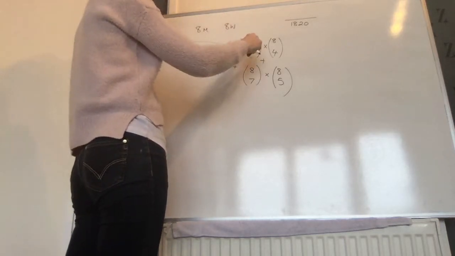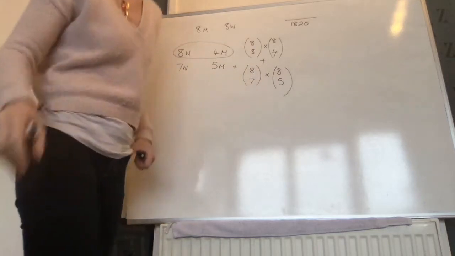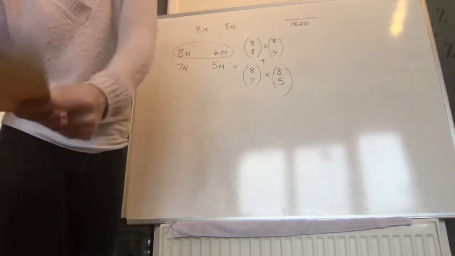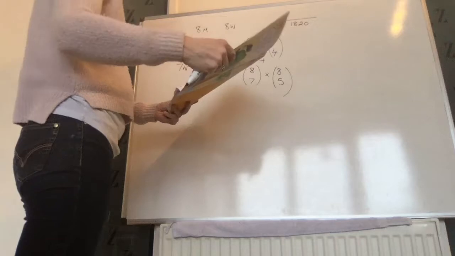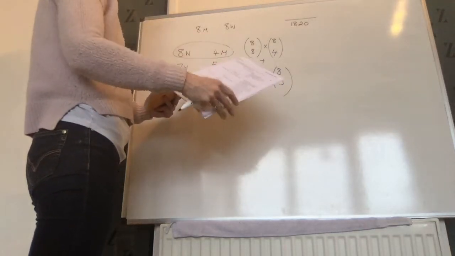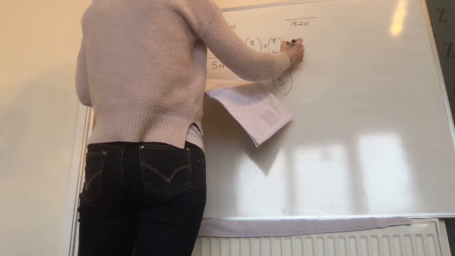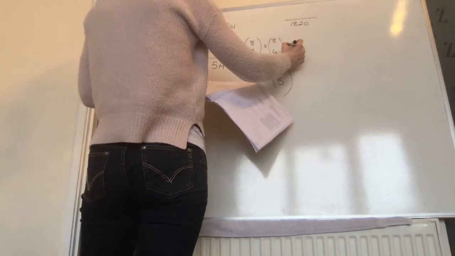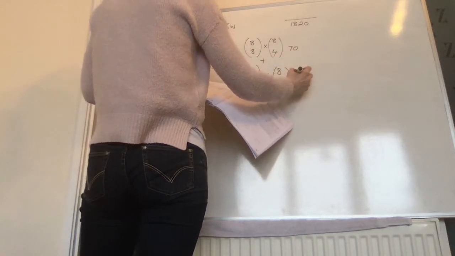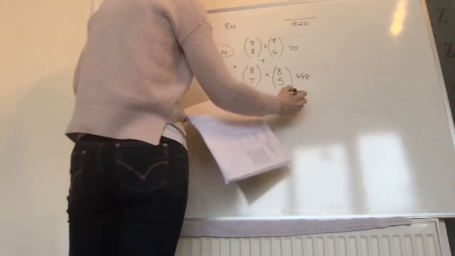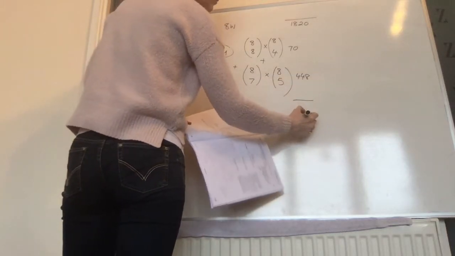So 8 choose 8, let's just write down the numbers for speed. That is 70 plus 448. So that totally gives you 518.